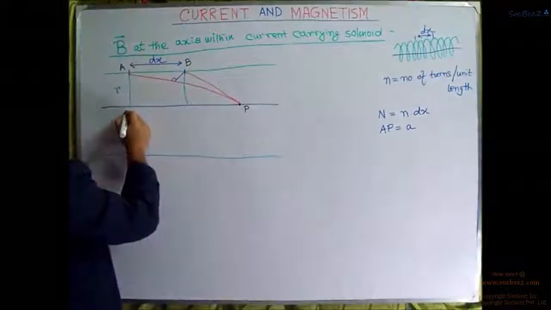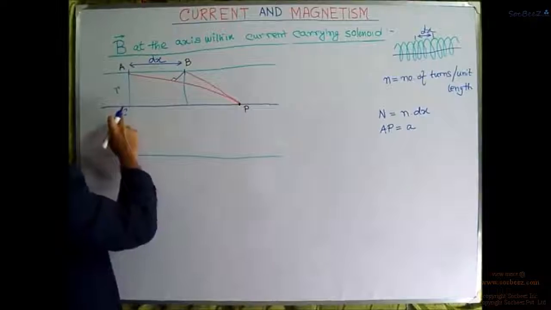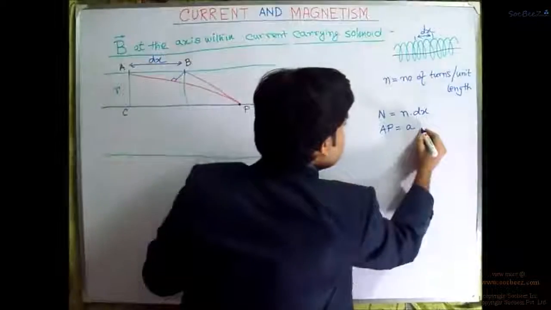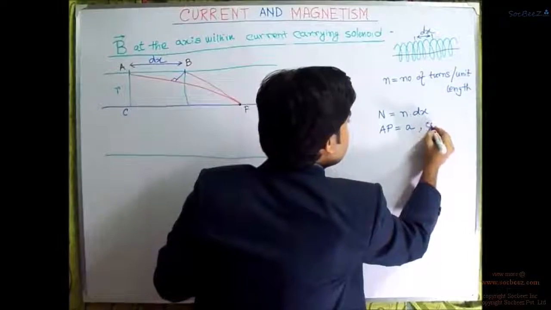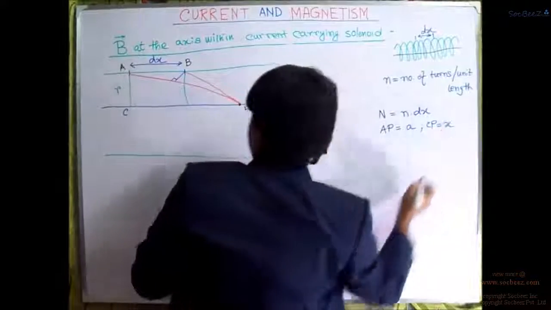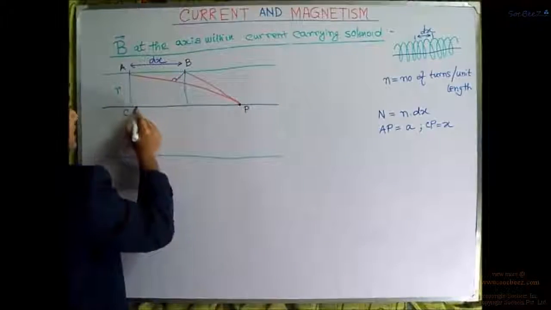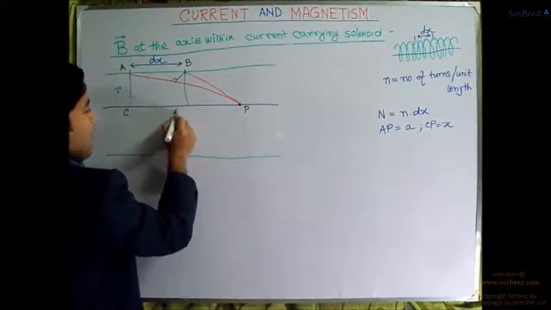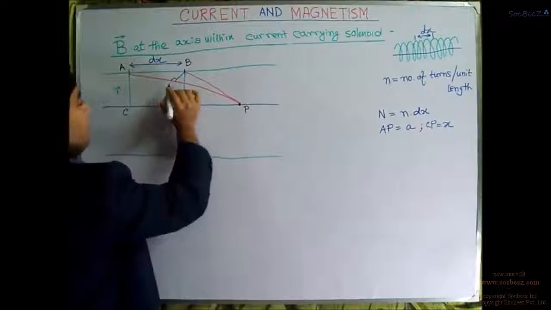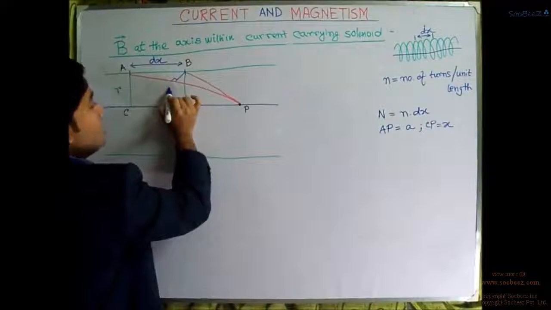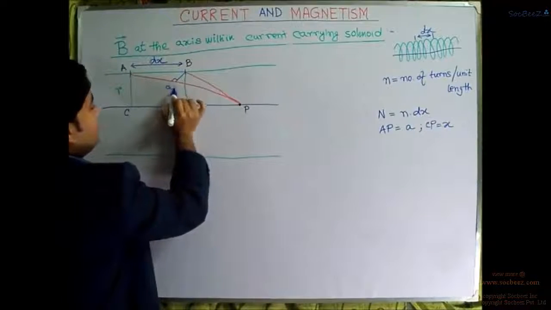And if we put this point as C, then the length of CP will be equal to x. So this entire length CP will be x, and AP will be equal to a.